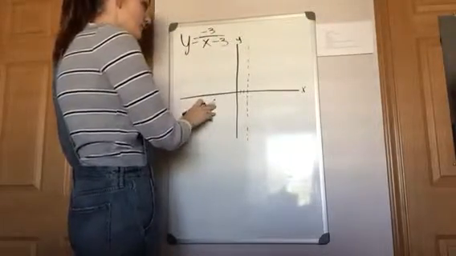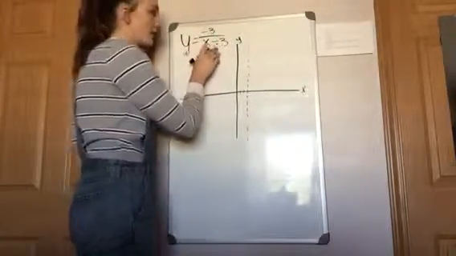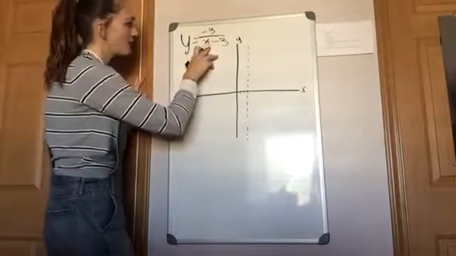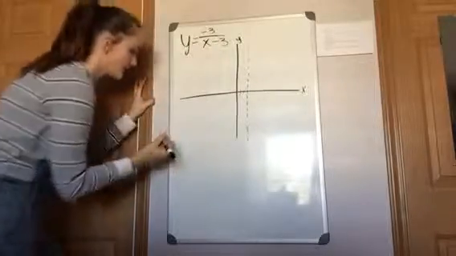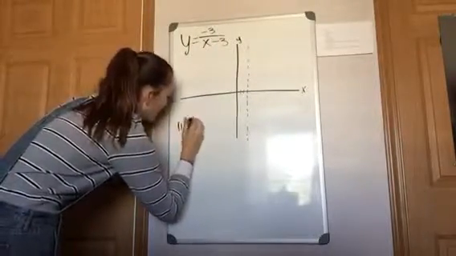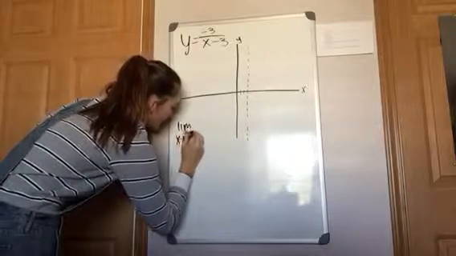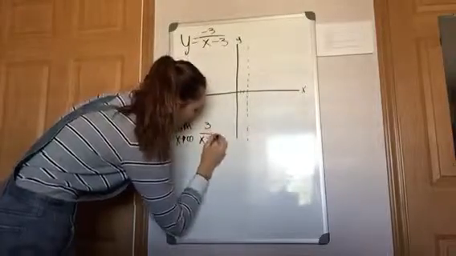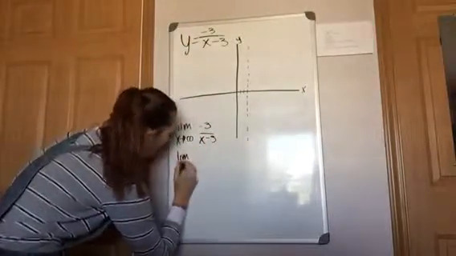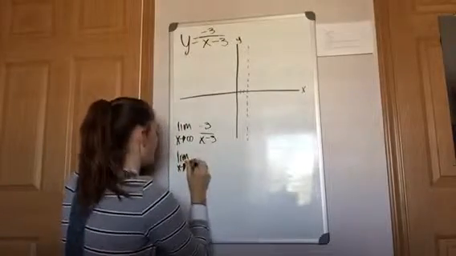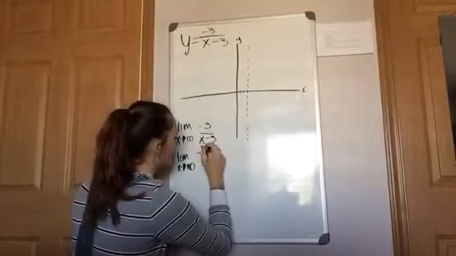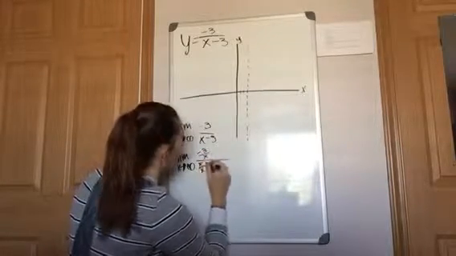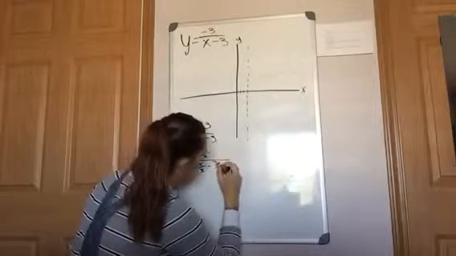Then we need to find our horizontal asymptote, and we know this is 0 because if you let x go to infinity, the limit as x goes to infinity of -3 over x minus 3, we get the limit as x goes to infinity of -3 over x over x minus 3 over x.